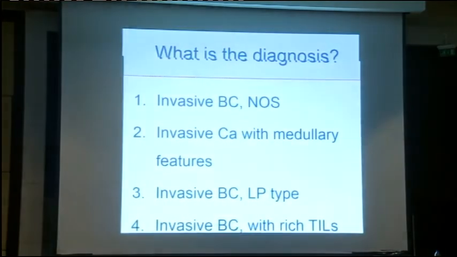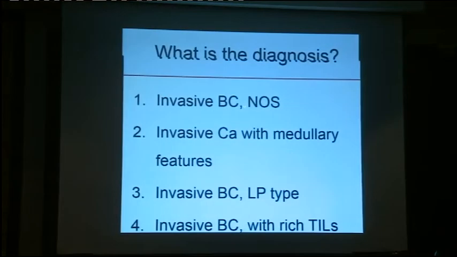And so what is the diagnosis? Invasive breast carcinoma, NOS; invasive carcinoma with medullary features; invasive carcinoma with lymphocyte predominant type; invasive breast carcinoma rich with tumor infiltrating lymphocytes. So who votes for 1? Okay, I'm the only one who voted for 1.